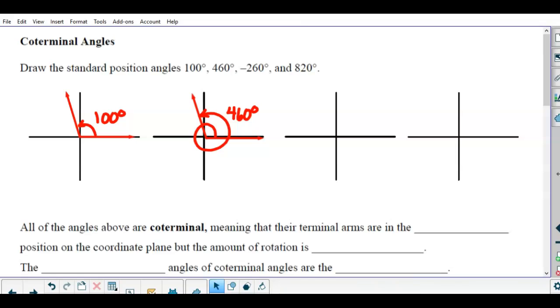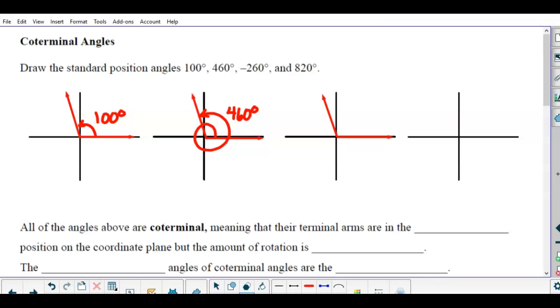Next one, negative 260. So you're going from horizontal down. So down 260, that's 180. It's almost 270. What do you notice?